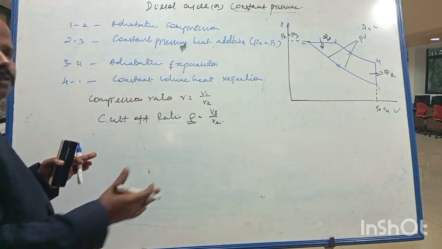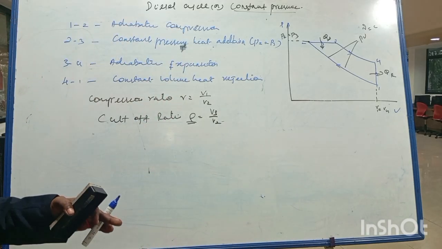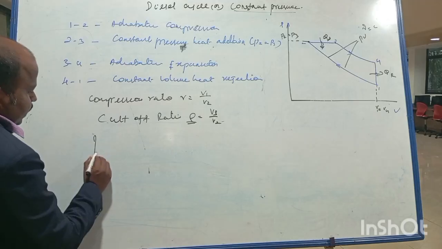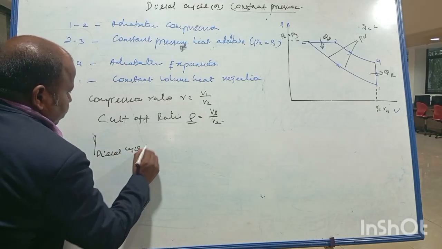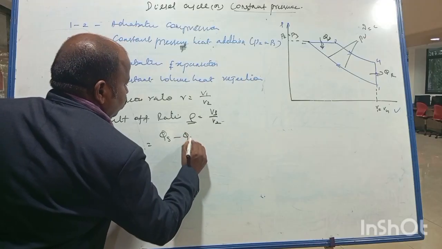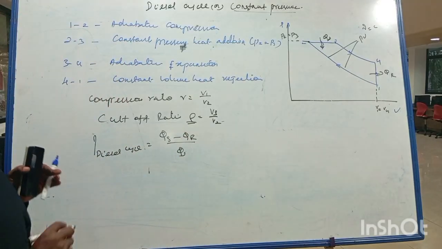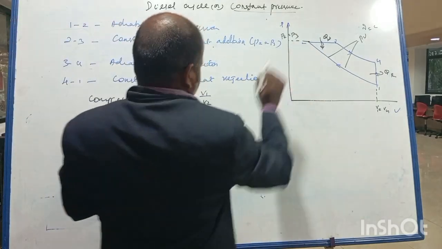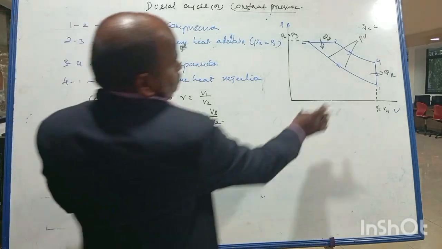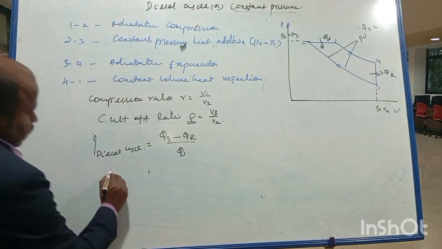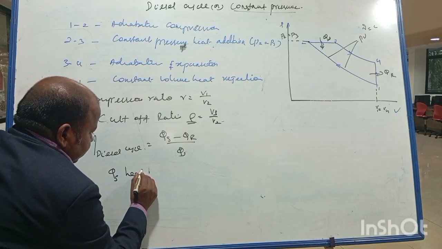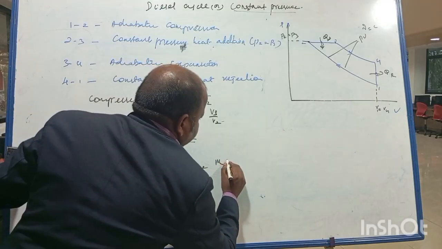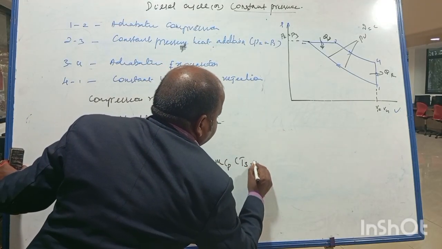And then again we are going to derive the thermal efficiency and mean effective pressure. First I am going to start with the thermal efficiency of this cycle. Thermal efficiency of the diesel cycle is work done, Qs minus Qr, divided by Qs. You know very well Qs is the heat supplied or heat addition, which takes place during the 2 to 3 process, and Qr is the heat rejection, which takes place during 4 to 1, right? Qs, the heat addition, is m Cp into T3 minus T2.